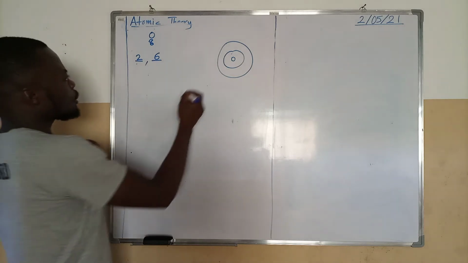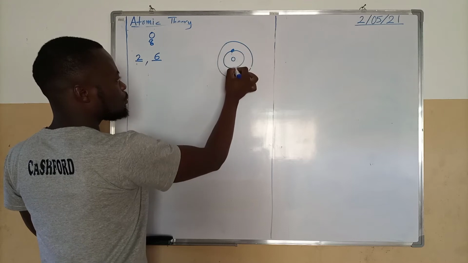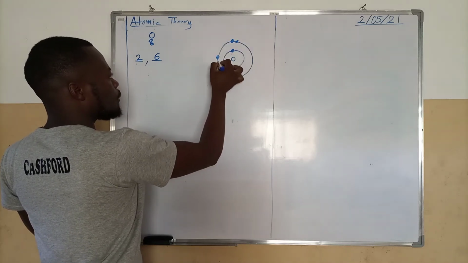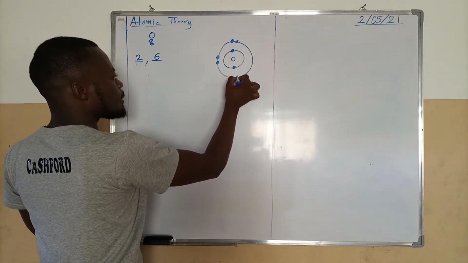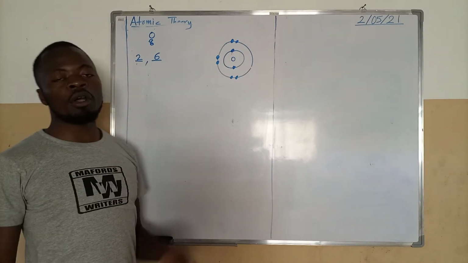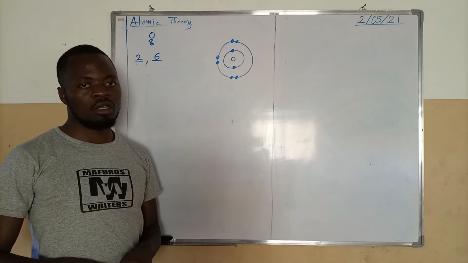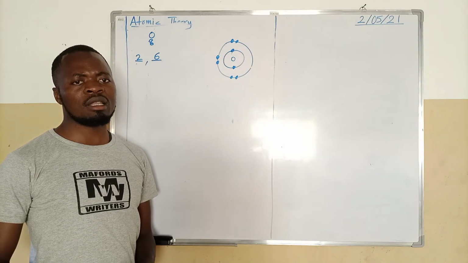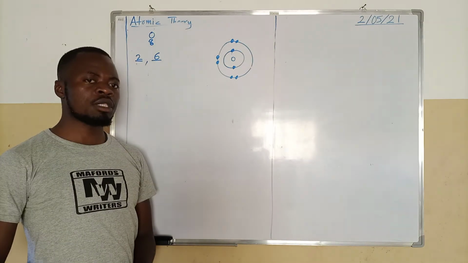So first shell will have 2. Second shell will have 1, 2, 3, 4, 5, 6. This is how we draw the structure of oxygen. Isn't it too easy? I'm sure you're getting to understand that it is very easy to draw these structures.